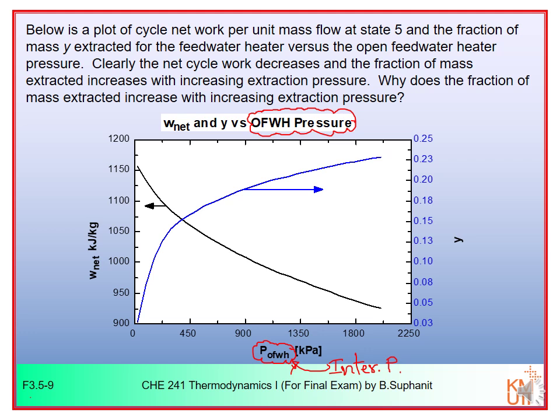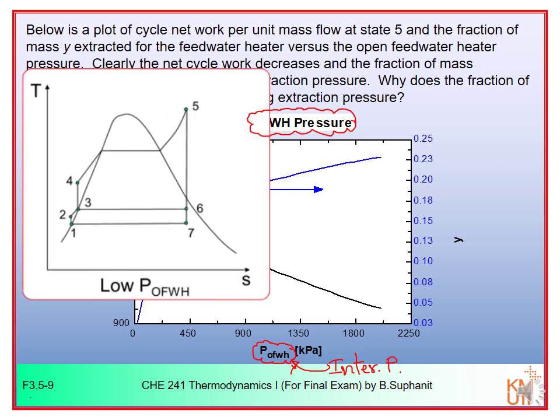Now let's take a look at this graph here, this relationship here. You can see that if you start from a very low value of P OFWH, or low value of intermediate pressure, it means that you extract the steam at low pressure, or you extract the steam at the point which is close to the exhaust point.